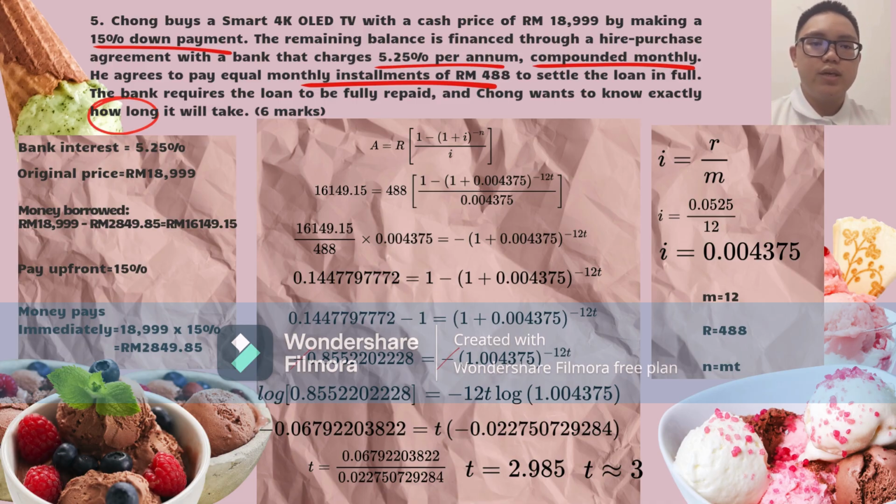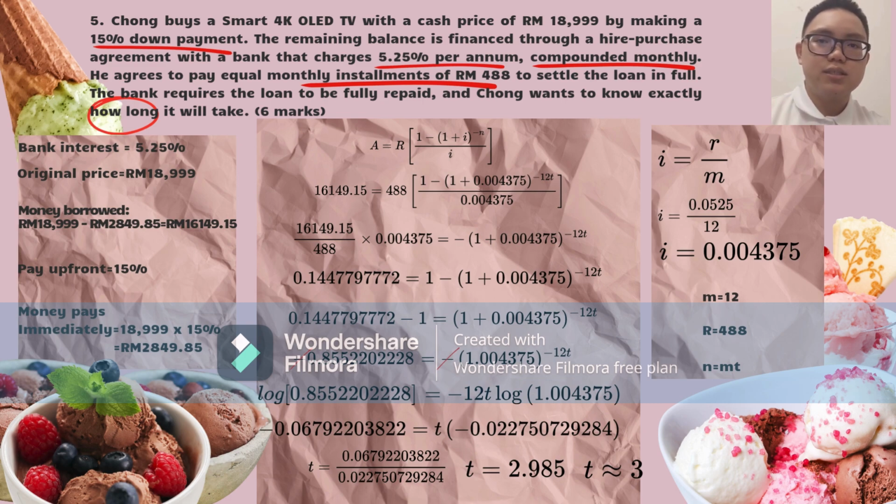So first, we apply the present value formula, which is A equals R[1 minus (1 + i)^-n] over i. We substitute the values into the formula and rearrange the constant to the left side and leave the variable on the right side.